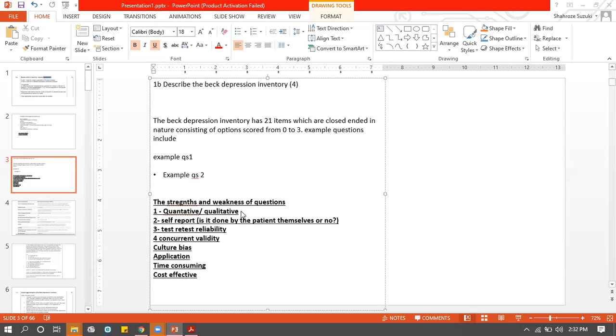Is it self-report or not? It's self-report. So is it a good thing or a bad thing? It's both, I guess. Mostly because patients might not be honest about it. They'll just fill it randomly, like we just did. It's not necessarily that they would read every single part of it.